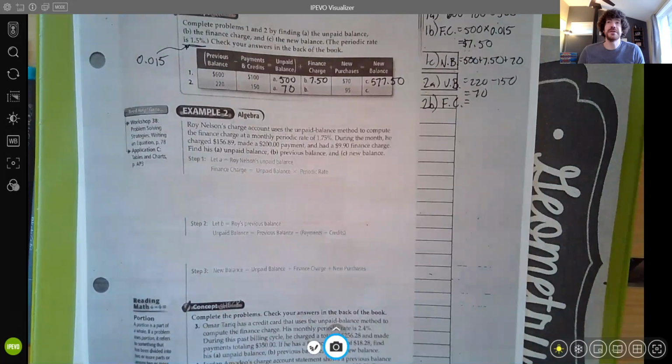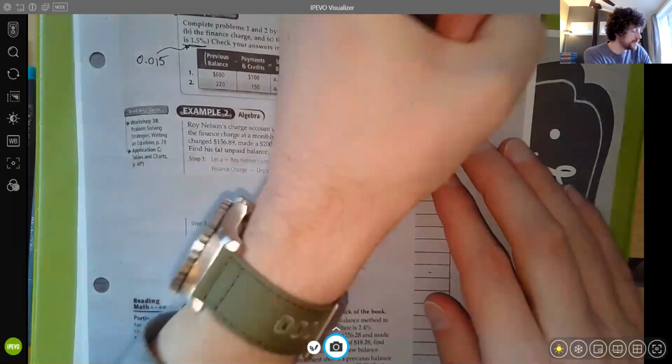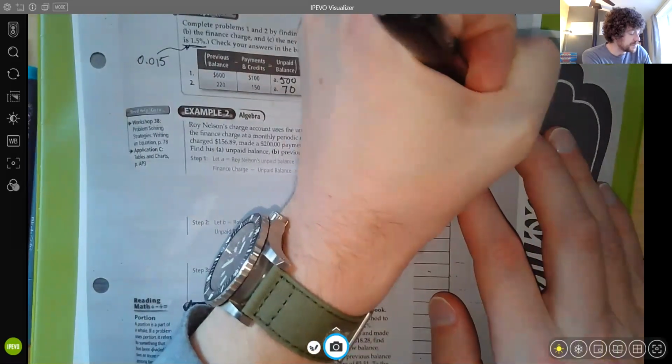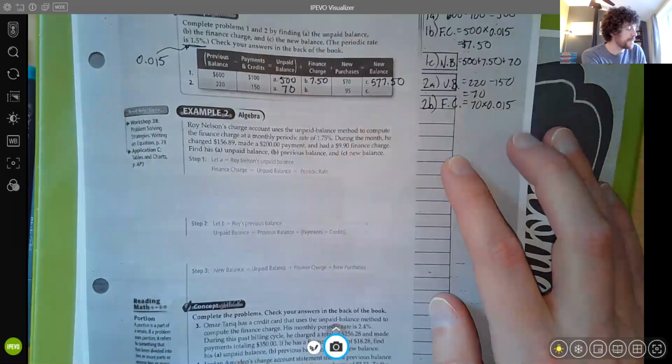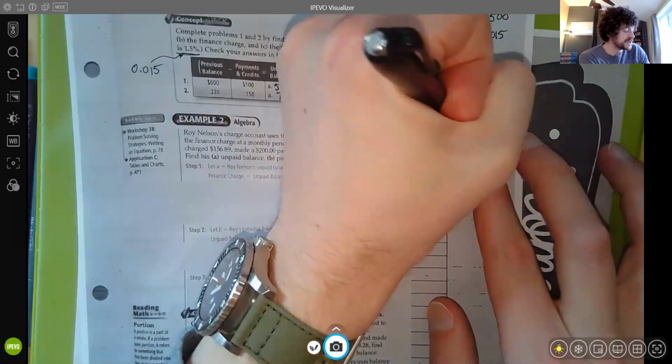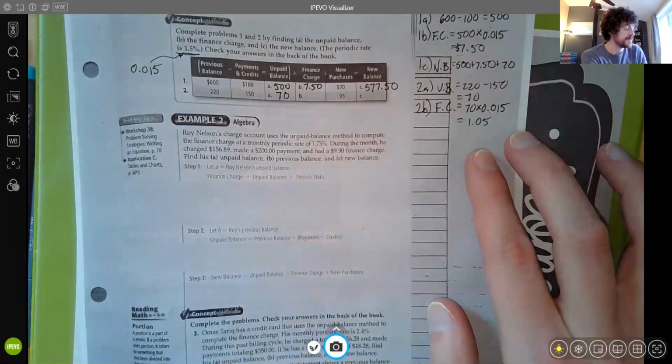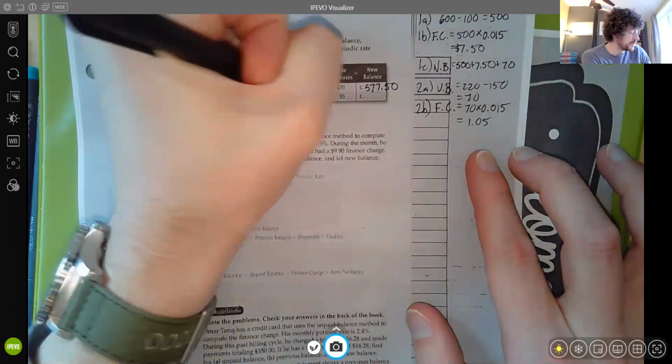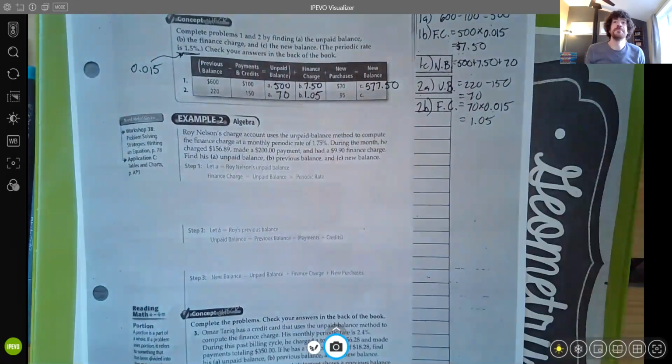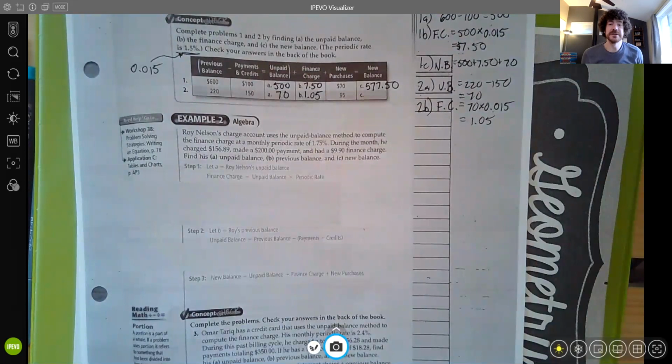It'll actually be, I think, move the decimal 1 to the left. Yeah, $5. Perfect. So we got 70 times 0.015. 1.5% finance charge is $1.05. So that's actually a really, really minimal finance charge on that one. No, that's all right, no worries.